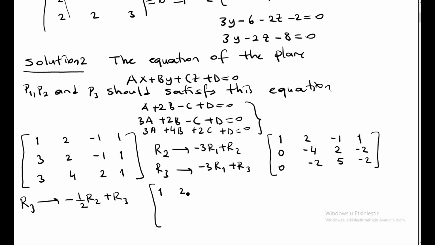So the first one remains the same, the second one remains the same, and the third one: 0, 0, and this one will be 1, negative 1.